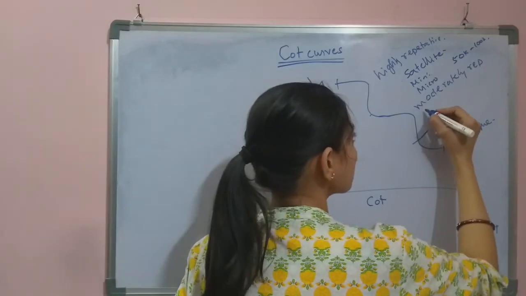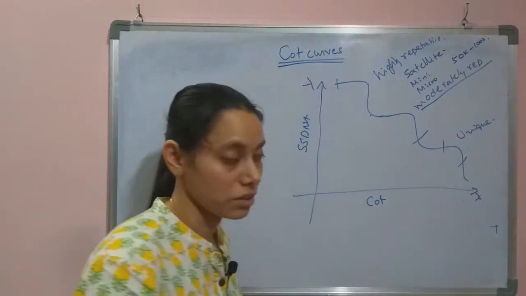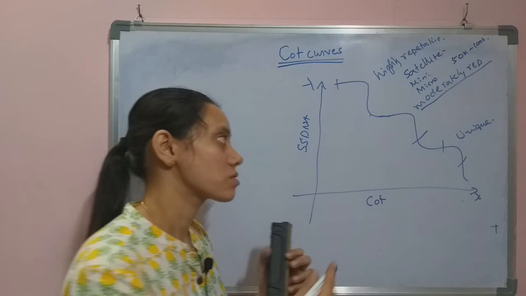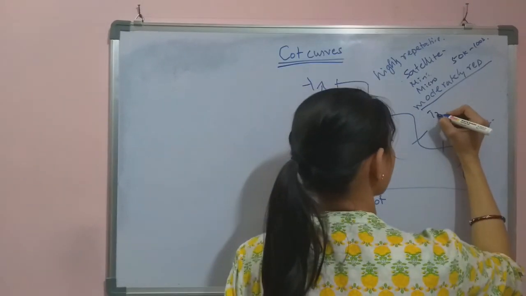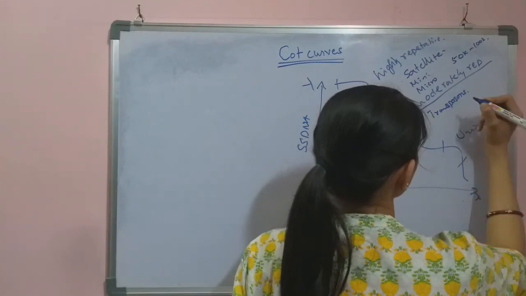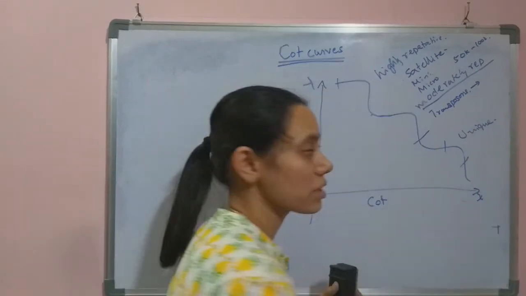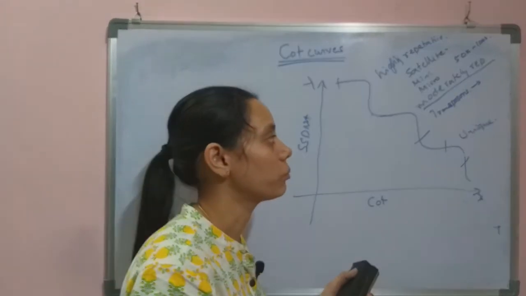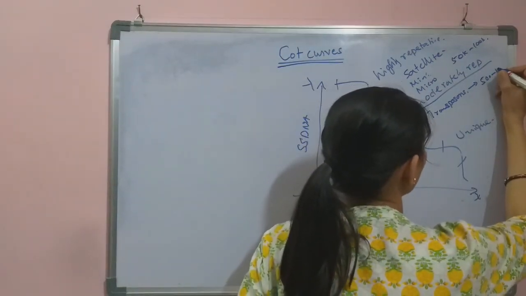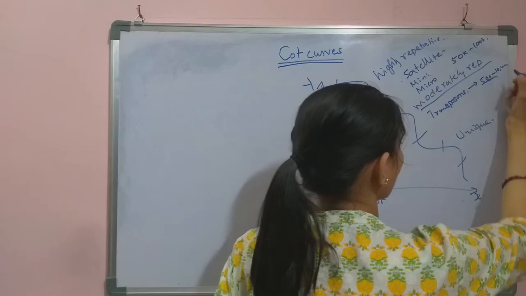So for moderately repetitive DNA, the popular example is transposons. This moderately repeating DNA will be repeated as many as 5,000 to 10,000 times, more or less.